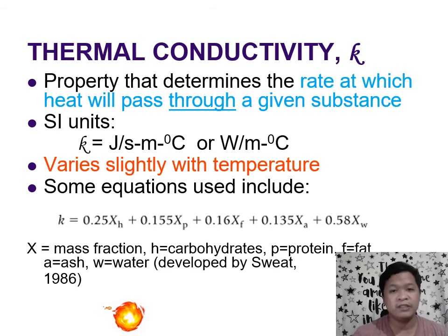The thermal conductivity K determines the rate at which heat will pass through a given substance and therefore proceed, no, to the next part. So for example, kung meron kang niluluto sa isang kawali, yung apoy mo, may barrier na kawali sa pagitan niya at ng food, and the thermal conductivity of that kawali will determine how fast or slow your food will cook.